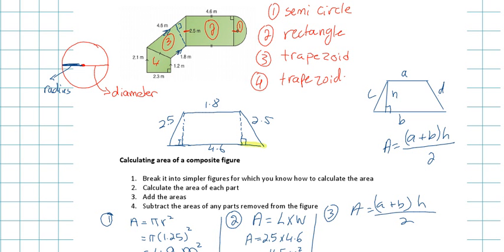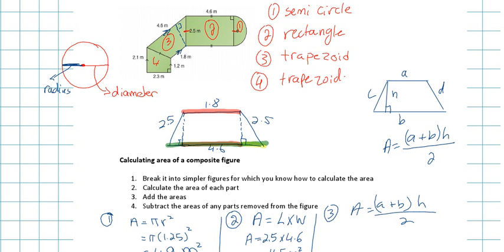Okay, so let's look at this. This side and this part should be equal to each other, right? So if this is 1.8, that means this has to be 1.8. But I know that the whole thing, which is in green, is 4.6. So if I take the 4.6 and take away 1.8, then I'll get these two sides.